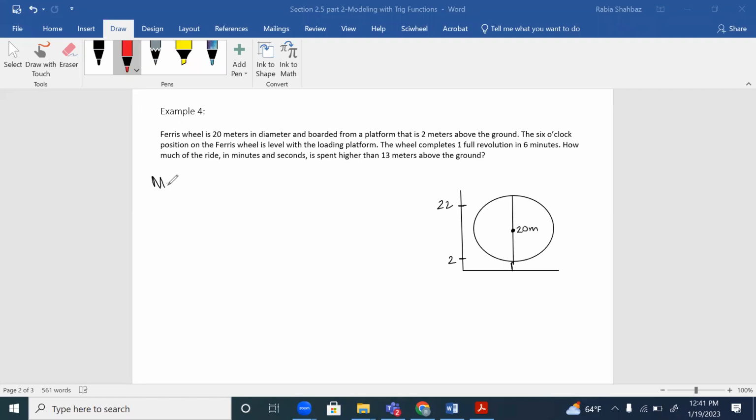So our minimum is 2 and our max is 22, which gives us the D value by taking the average as 12. Now we have to figure out the amplitude, and it completes one cycle in 6 minutes. So I'm going to pause again and let you figure out the amplitude and the period.